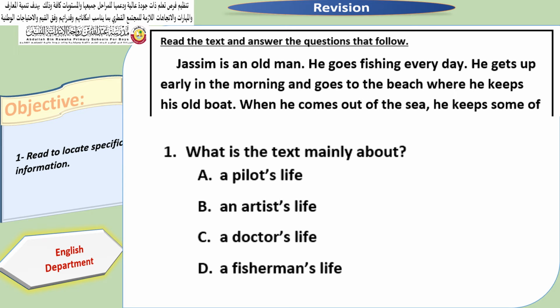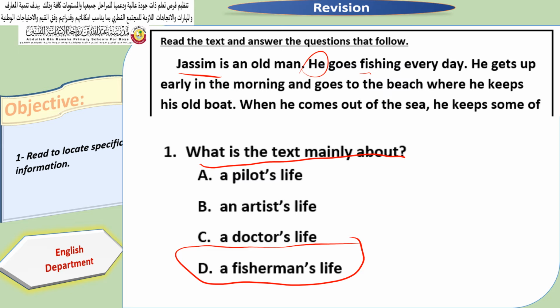So here we have: what is the text mainly about? A pilot's life, an artist's life, a doctor's life, a fisherman's life. And of course, if you read here, you will see someone, Jasim, he goes fishing every day. So it's obvious that the answer is a fisherman's life.